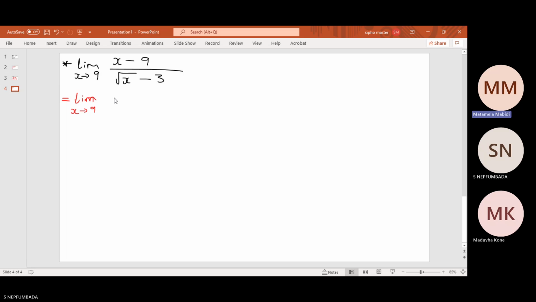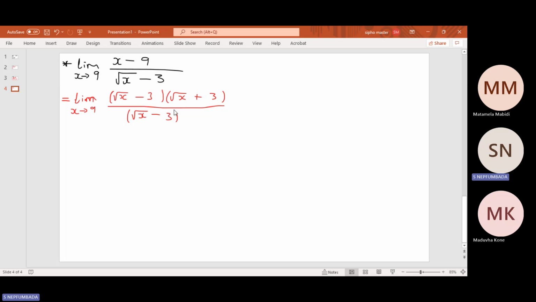Math error. So you have to factorize this because it's the difference between two squares. The square root of x minus 3 and the square root of x plus 3 divided by square root of x minus 3.